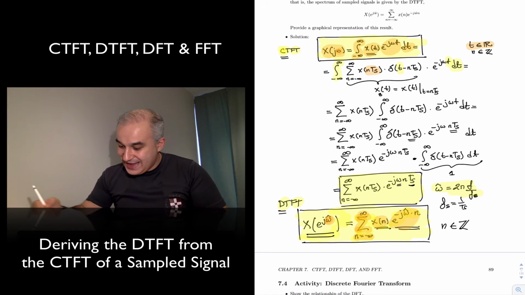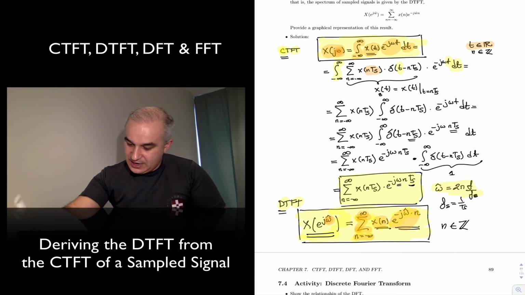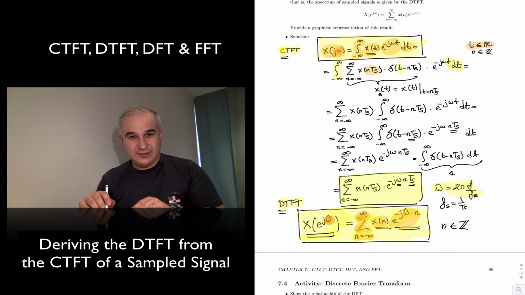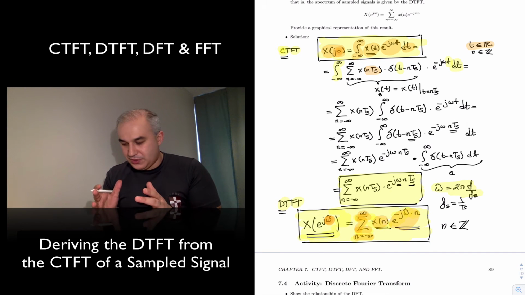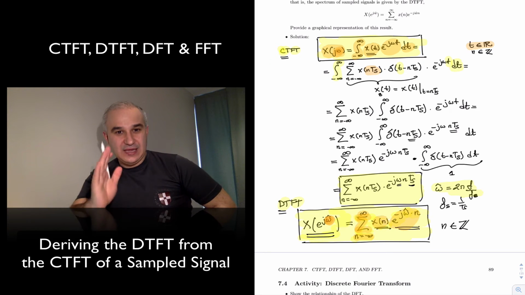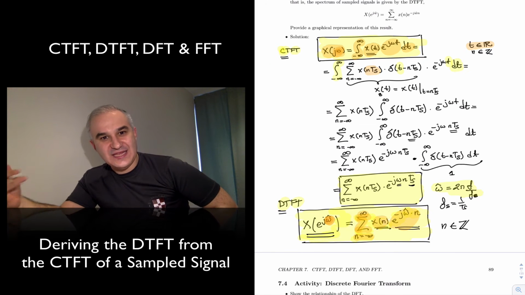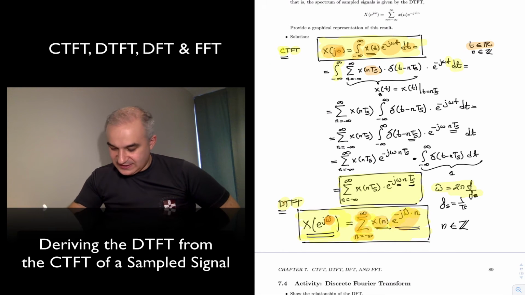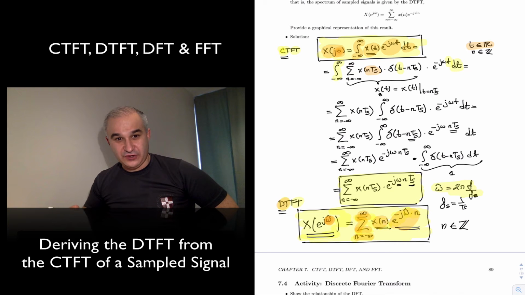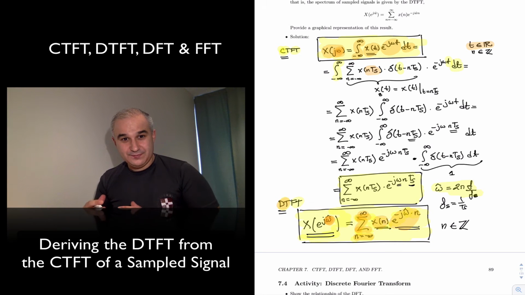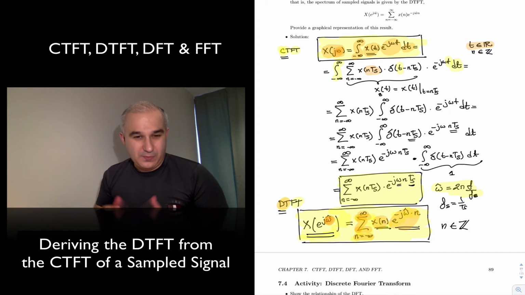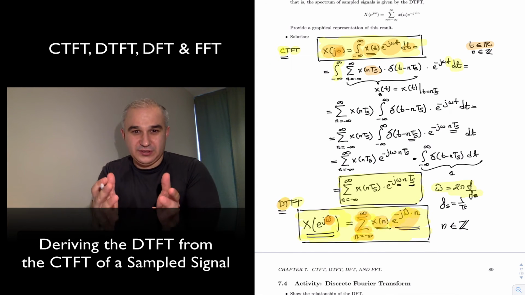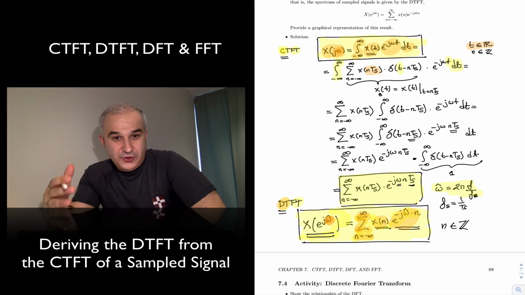It's omega here and omega here. In between 2 omegas, you have an infinite amount of omega. So in order to store it in the computer, we're going to need to evaluate this at some points to discretize it. And that's where we're going to go from the discrete time Fourier transform to the digital Fourier transform, that indeed the result is capable of being computed using a computer, a processor.